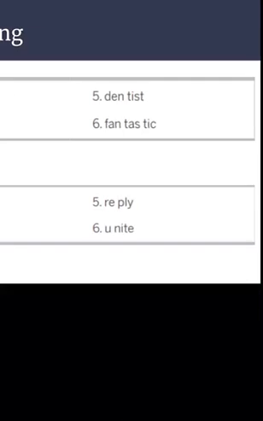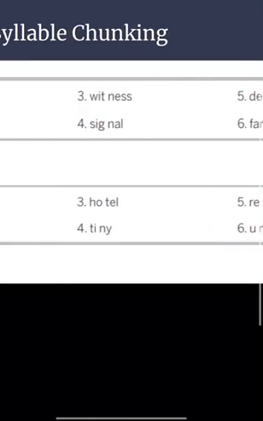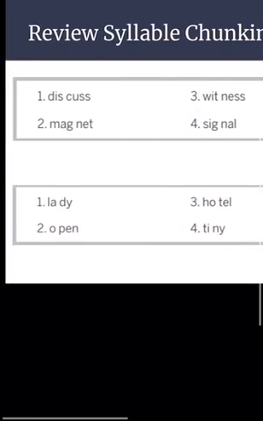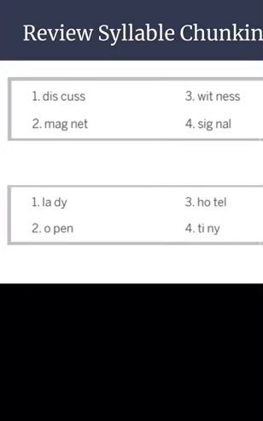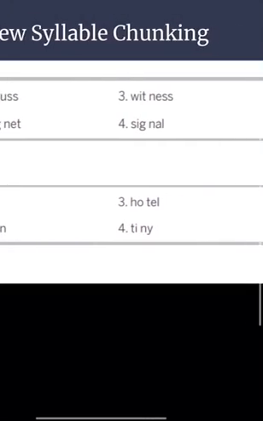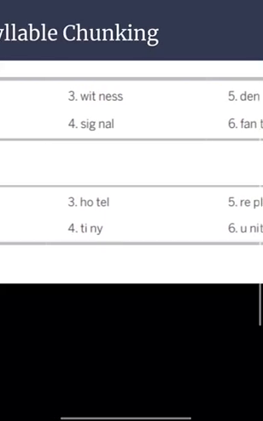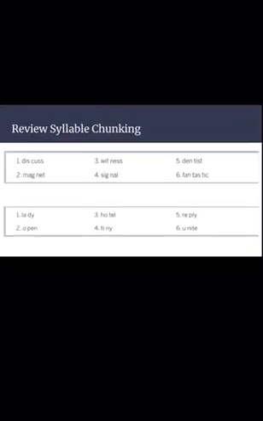Now these words are all chunked right after that first long vowel sound, right? Let's look at number 1. It's separated right after that A vowel. Number 2 is separated right after that long O vowel sound. And how about number 3? Again, separated after that long O vowel sound. Okay, let's go on to our next slide.